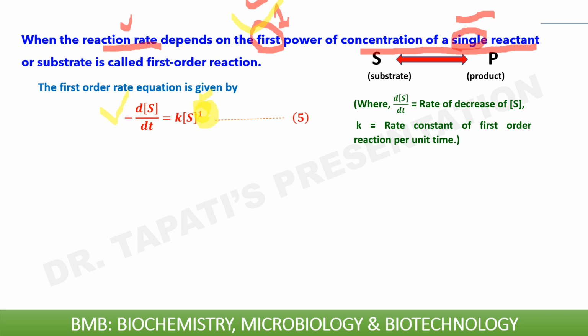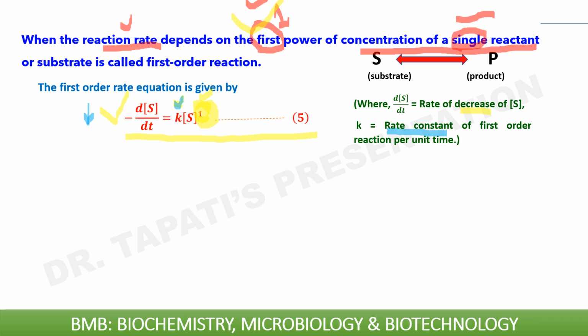In this equation 5, minus dS by dt is the rate of decrease of substrate, and k is the rate constant of a first order reaction, per unit time.